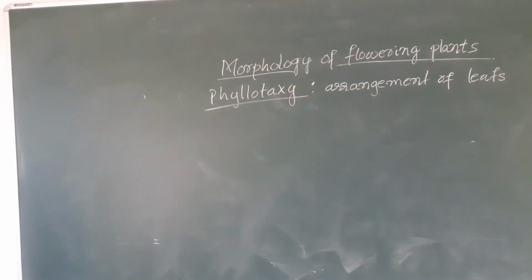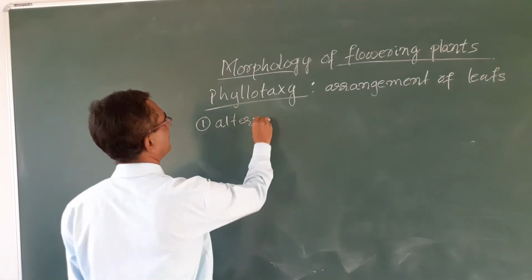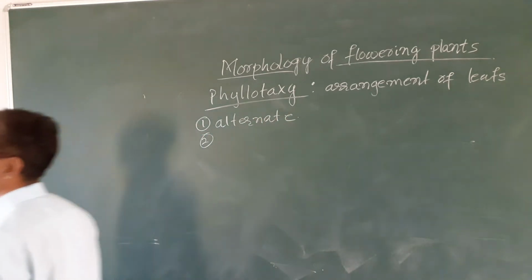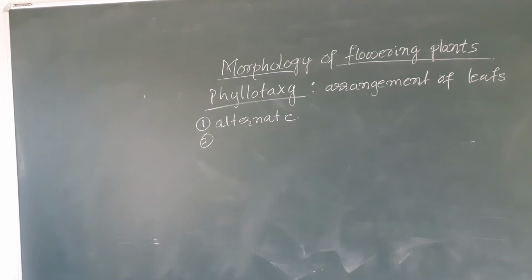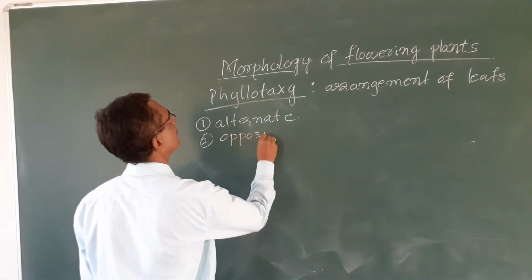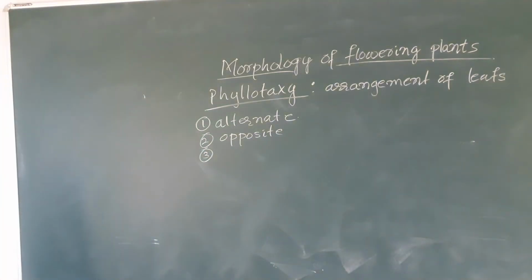That is known as phyllotaxy. In that we have three types: alternate phyllotaxy, opposite phyllotaxy, and the third one is whorled phyllotaxy.